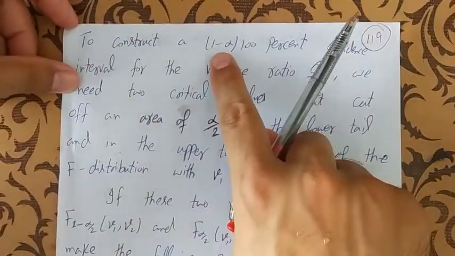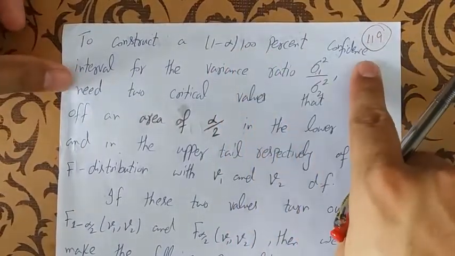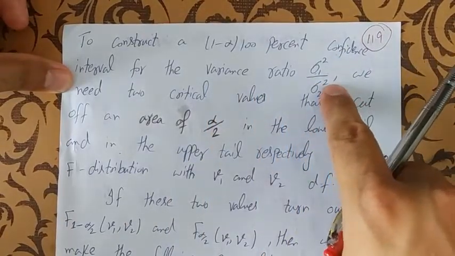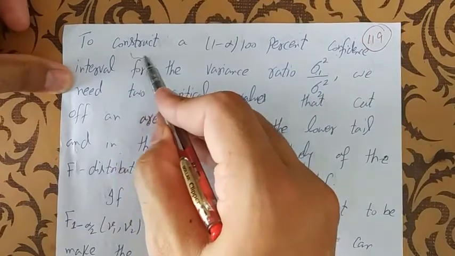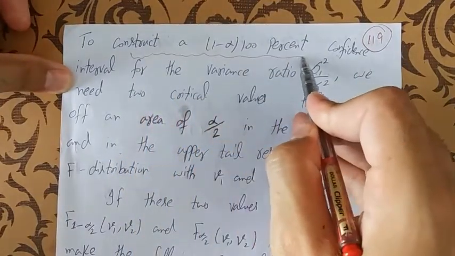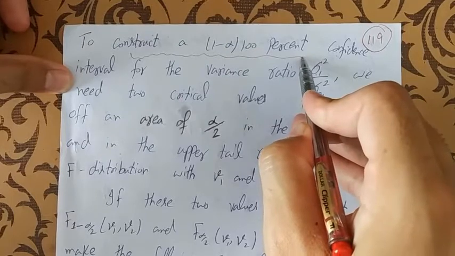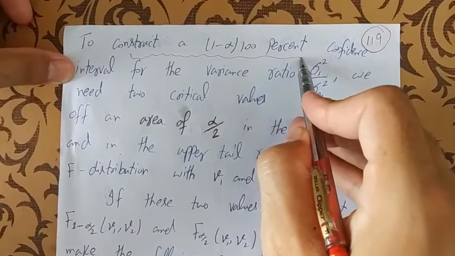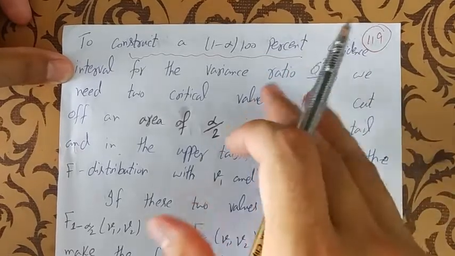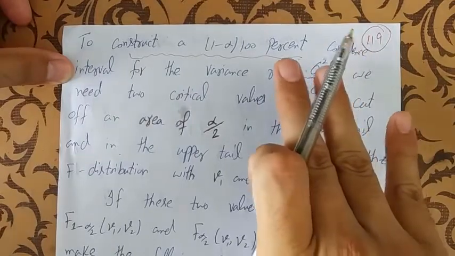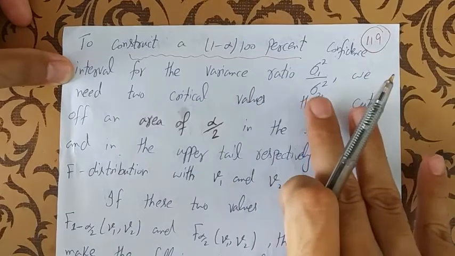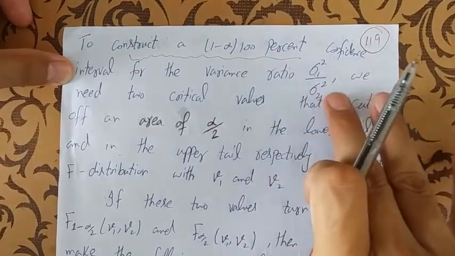Now to construct a 1 minus alpha into 100% confidence interval for the variance ratio sigma 1 square over sigma 2 square, just like for the chi-square distribution, contingency table, goodness of fit and T distribution, we also construct the confidence interval using the F distribution.